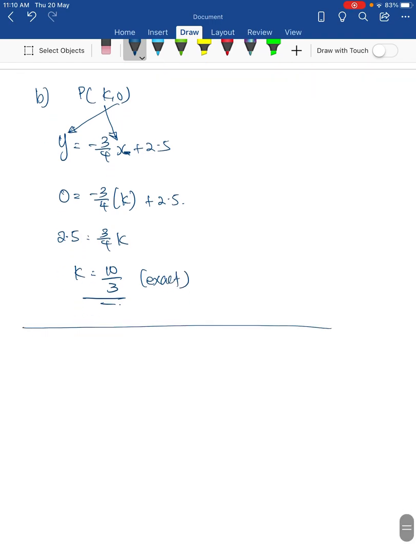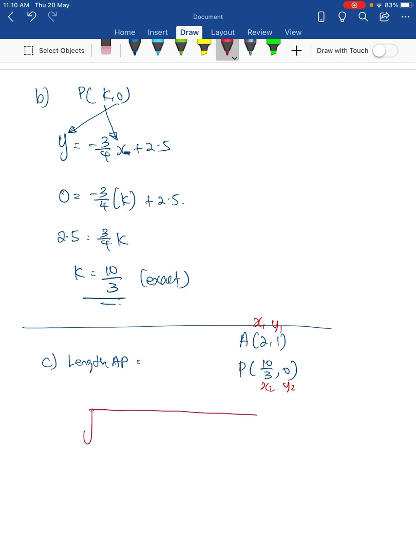Next part C, find the length of line segment AP. For length AP, the formula was given just now. The coordinates of A are (2, 1). The coordinates of P are (k, 0), which is (10 over 3, 0). All we need to do is sub in the values, x1, y1, x2, y2.